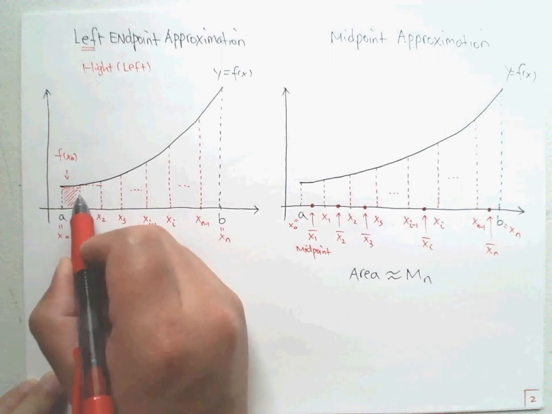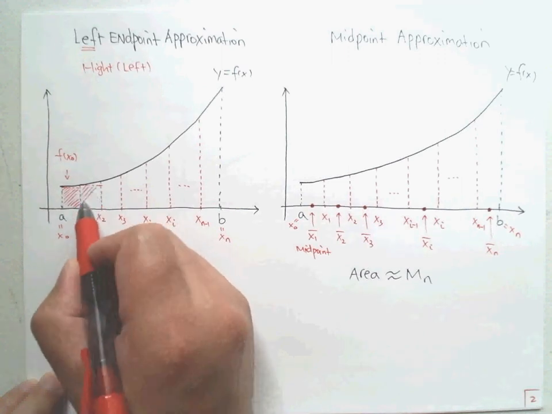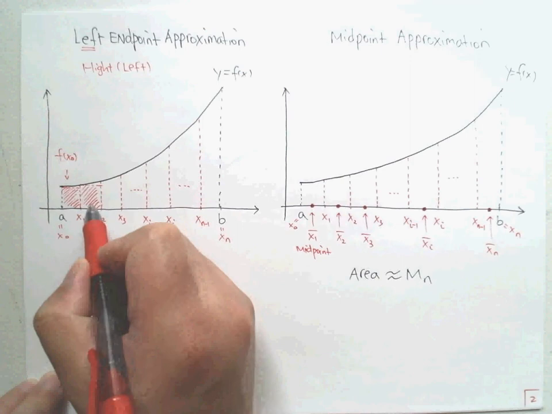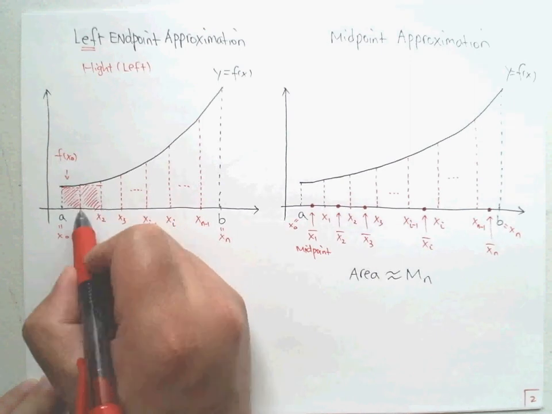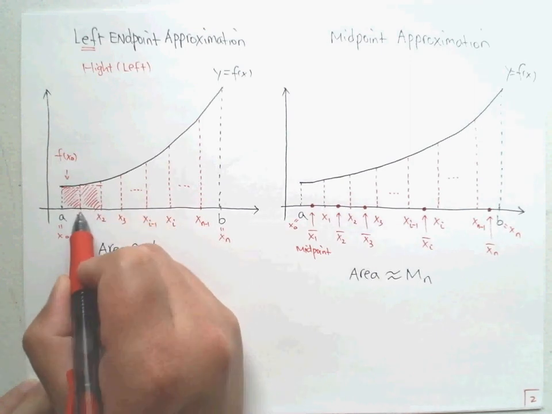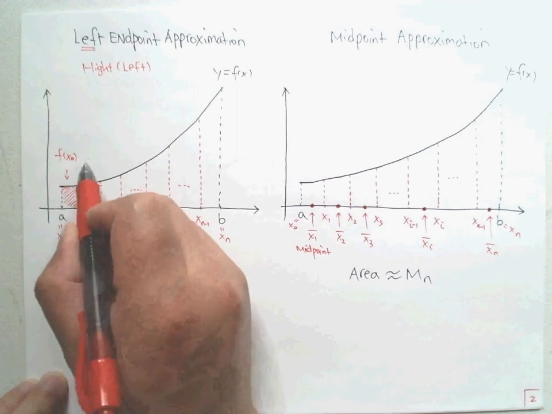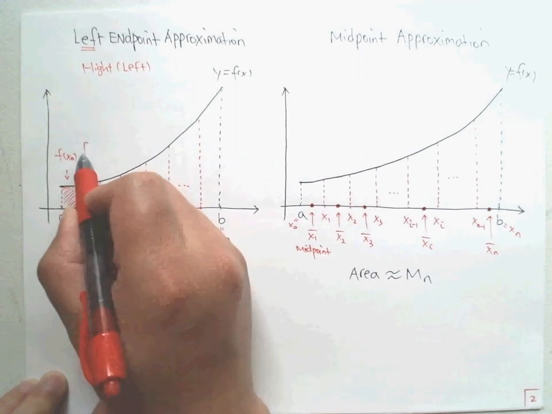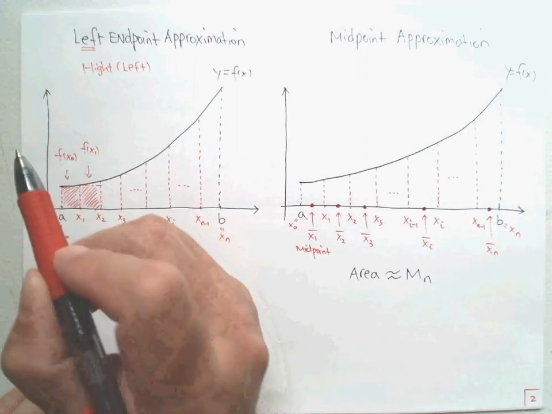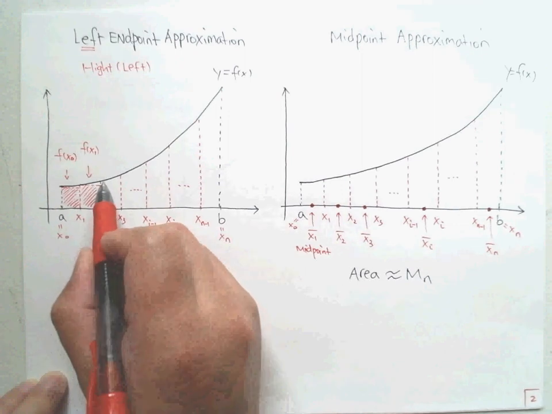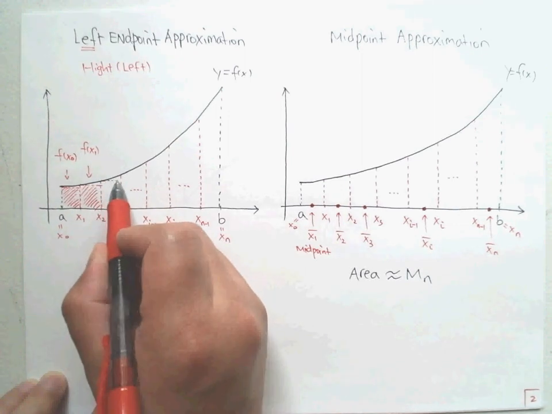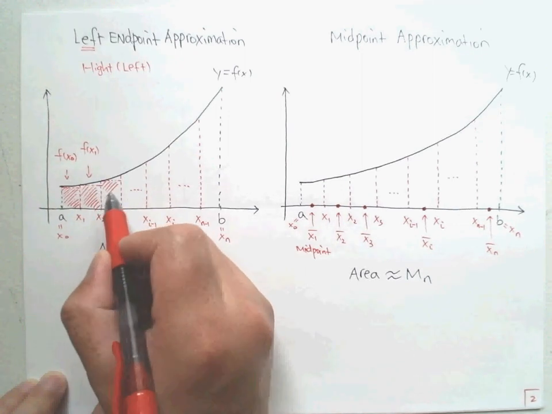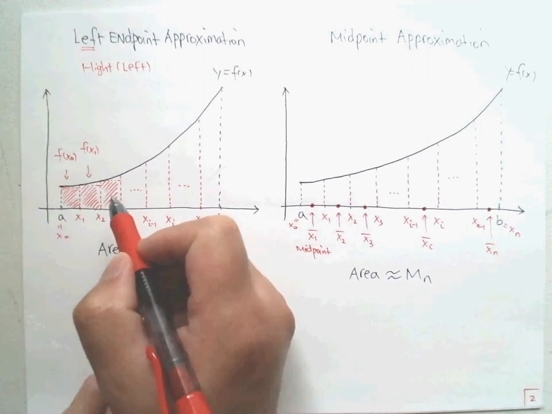This is how high the second rectangle is. The height is f at the left endpoint. We have x1, x2. We use x1, which means the left endpoint. See, this is different from the first. The third small rectangle I put here.